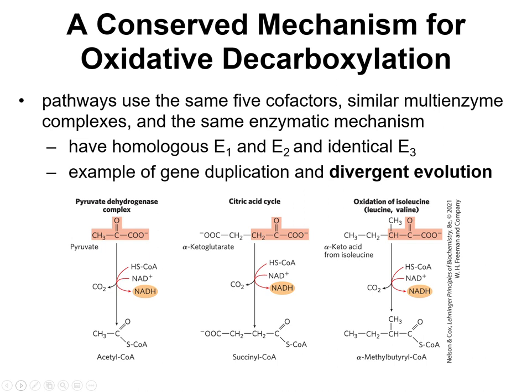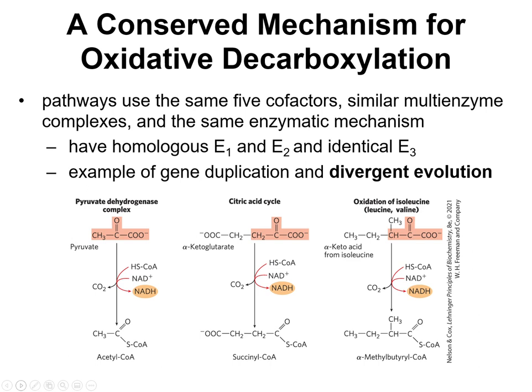This complex is quite similar to the pyruvate dehydrogenase complex that we talked about at the very beginning. It uses the same 5 cofactors, E1, E2, E3, that are homologous. So this is an example of gene duplication and divergent evolution. So they do different chemistry with different substrates, but the heart of the chemistry is the same.